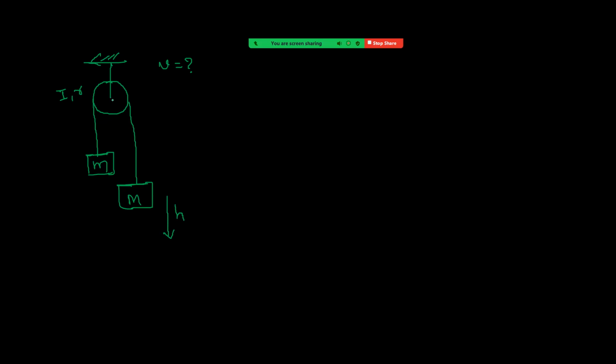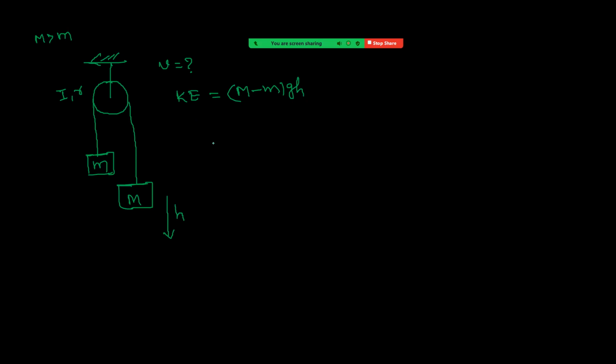Since the pulley is rotating, it also has kinetic energy. So the kinetic energy of the system is equal to, assuming capital M is greater than small m and moving down, the loss in gravitational potential energy, M minus m into g h. See carefully: capital M g h has come down, small m g h going up. So this is the loss, and this loss converts into kinetic energy for the system.